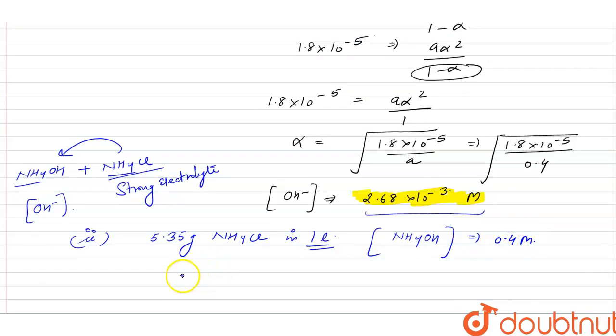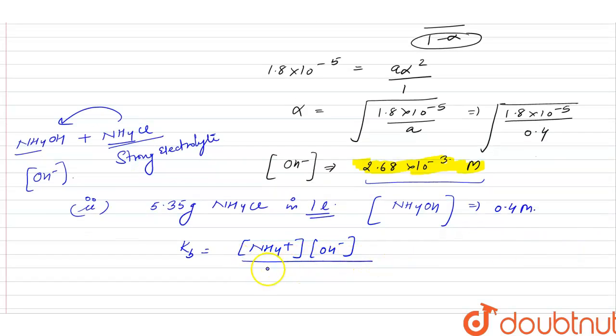And we remember the relation Kb equals concentration of product, that is NH4 positive, times OH minus, upon NH4OH.